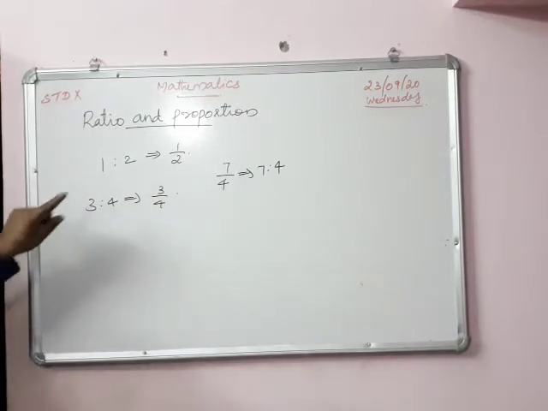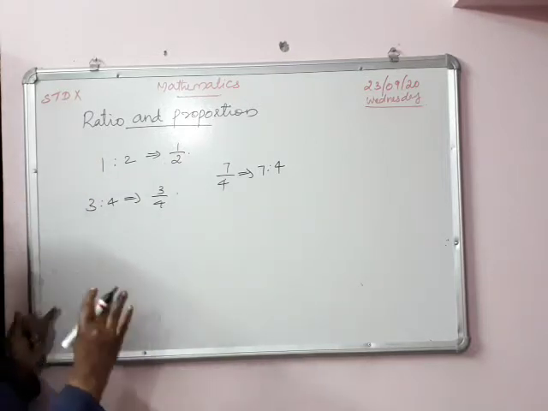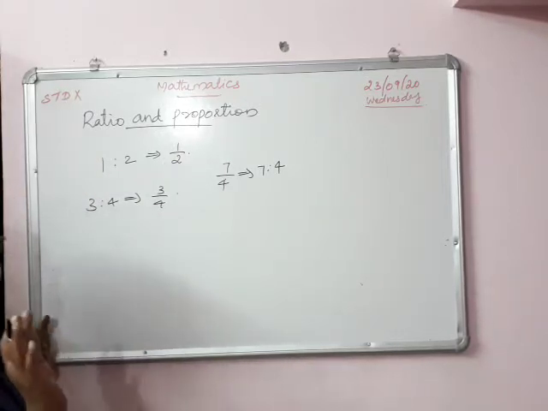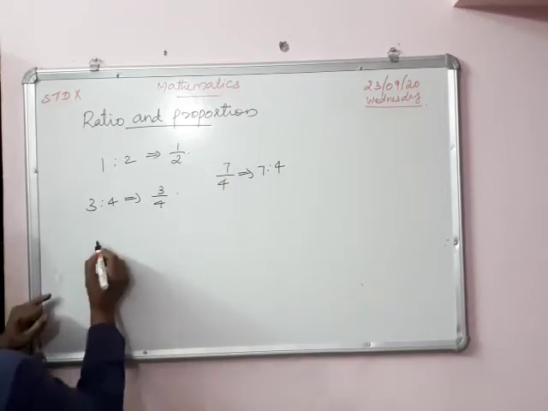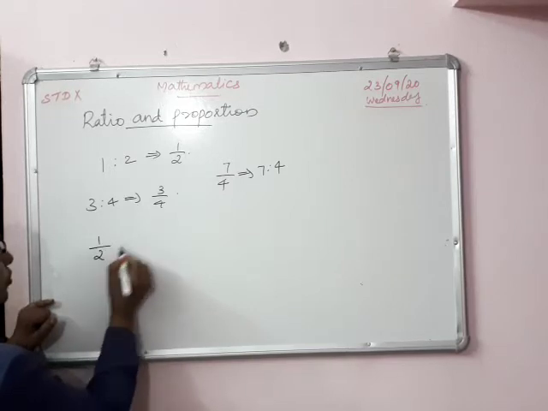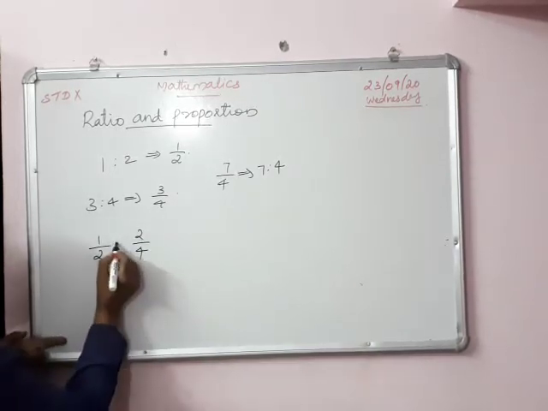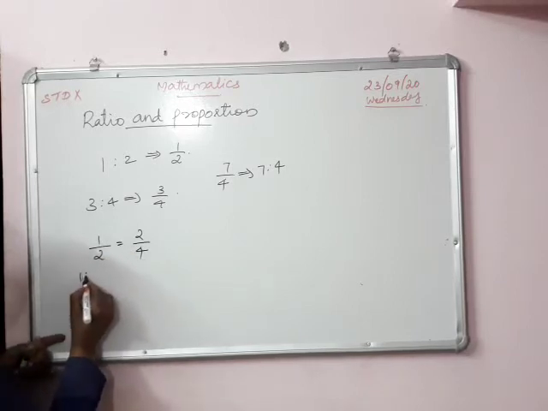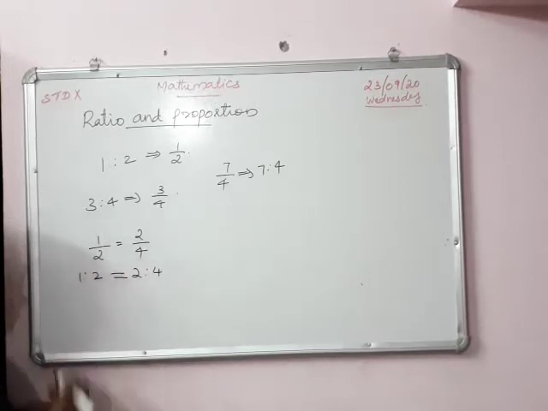Then what do you mean by proportion? Proportion means if two ratios are equal, we can say it is in the form of a proportion. That is 1 by 2 and 2 by 4. You know it is equal. That is, 1 is to 2 and 2 is to 4 are equal.